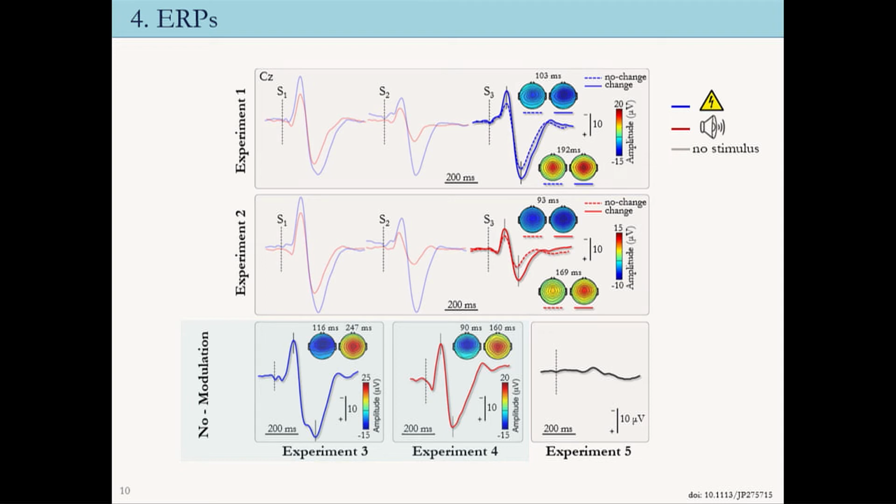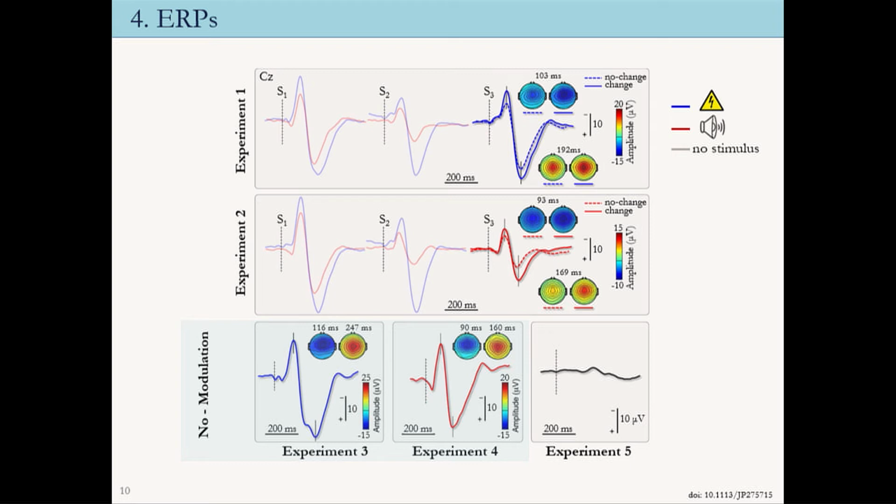So single somatosensory or sounds, and we have the ERP that we described. So this is the average response from all the trials as we have described previously. This is for the electrical stimuli, and this is for the sounds.